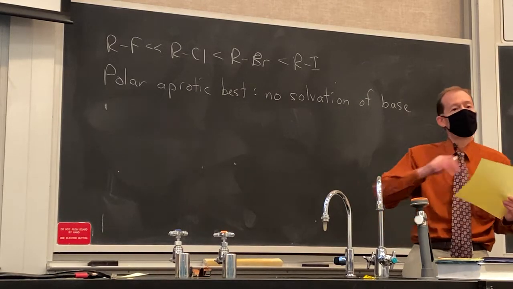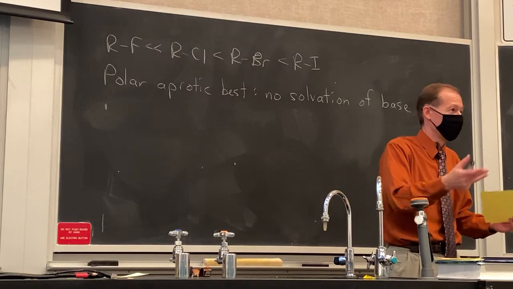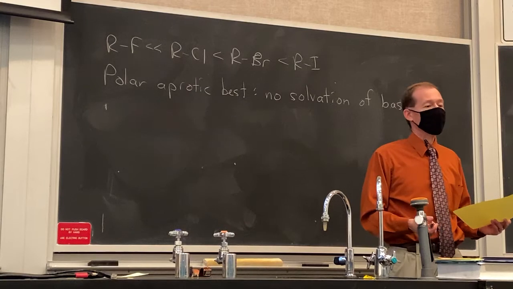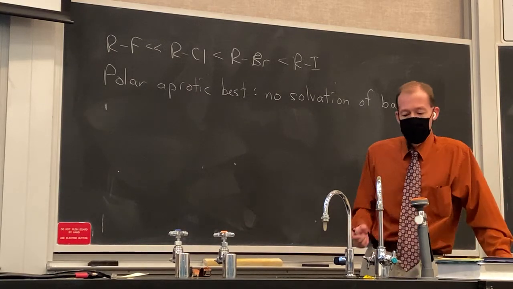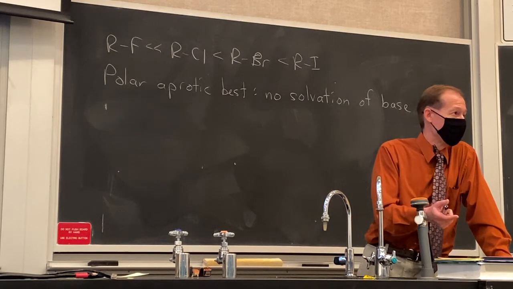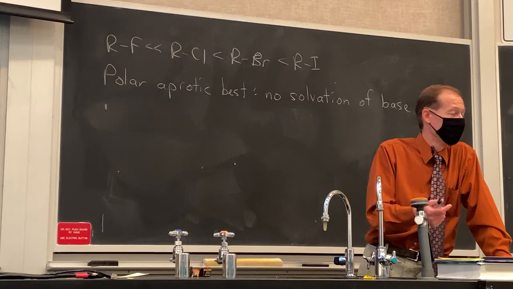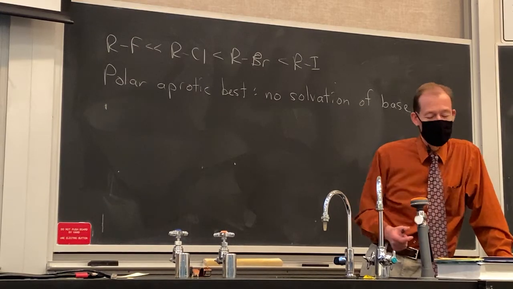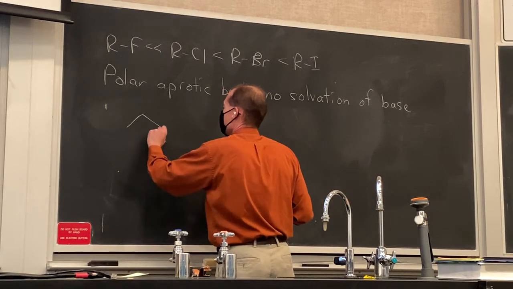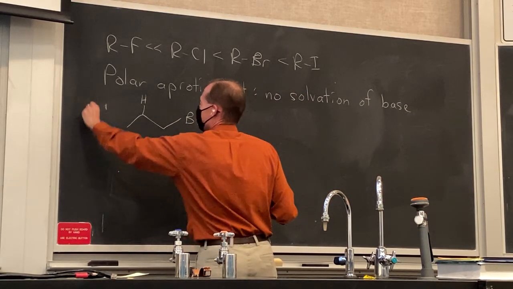Right? Once we have our halide leaving group lost, we're not going to go back and make an alkyl halide from an alkene. That's just not going to happen. So it's not necessarily the more stable product that's going to be the major product. It's the product that's formed the fastest that's going to be a major product.